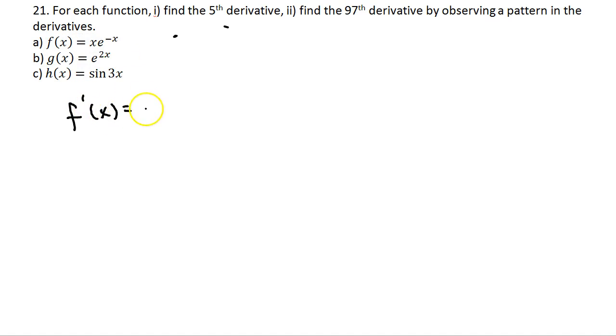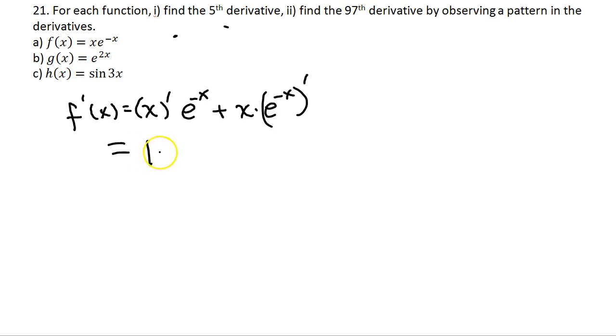You need to use the product rule: x prime times e to the negative x, plus x times e to the negative x prime. This is just 1. And e to the negative x differentiates to e to the negative x, but because of the chain rule, you have to multiply by the derivative of the inside function, which is negative 1.